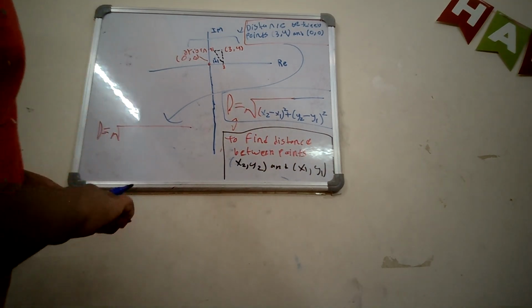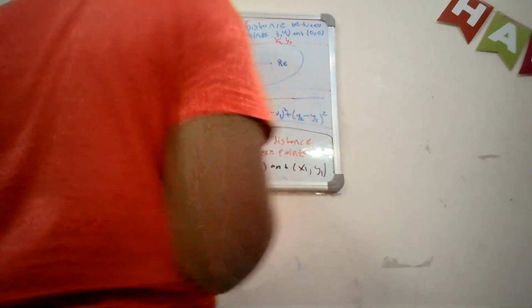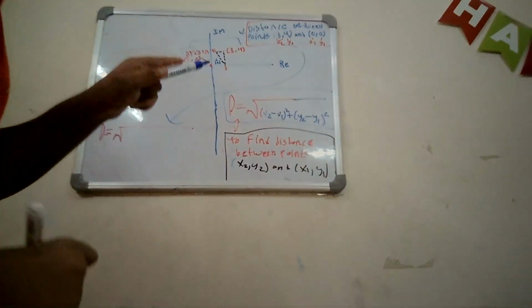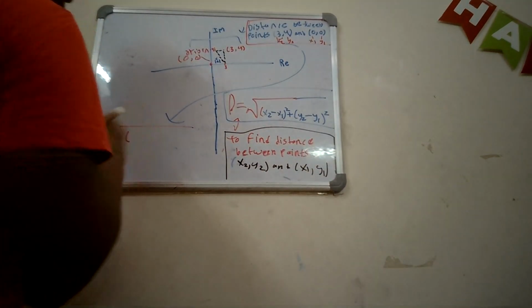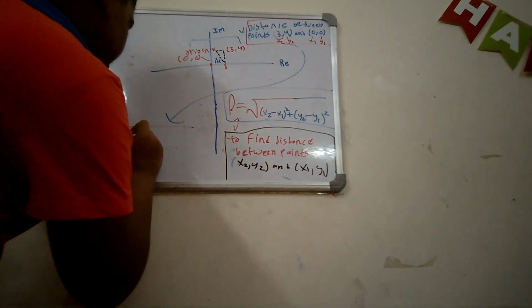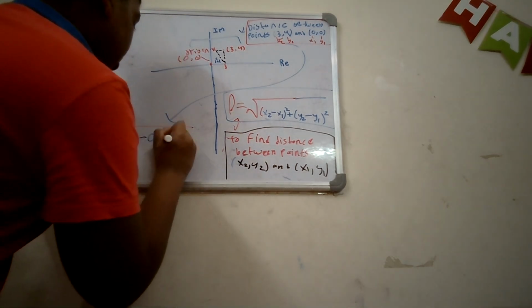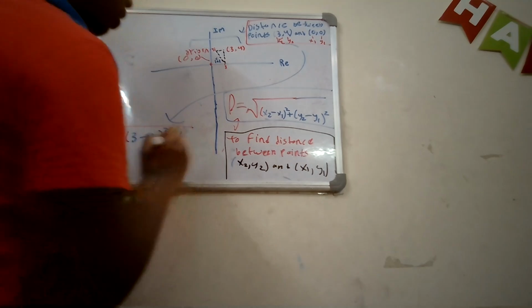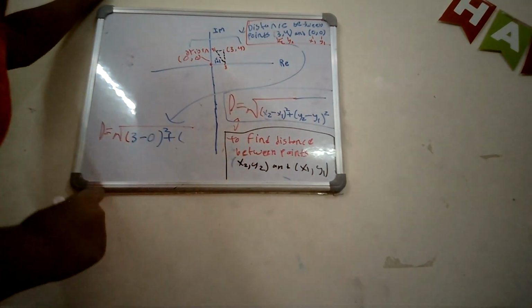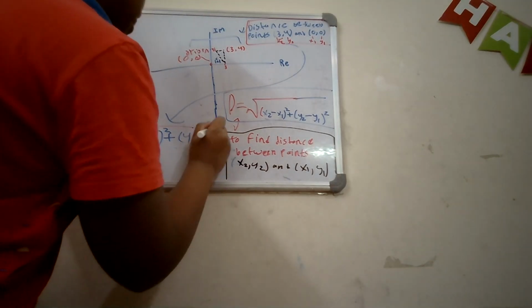So look, in this case, this is x2, this is y2, this is x1, this is y1. So the formula would be x2, which is 3, minus x1, which is 0, squared, plus y2, 4, minus y1, 0 squared.